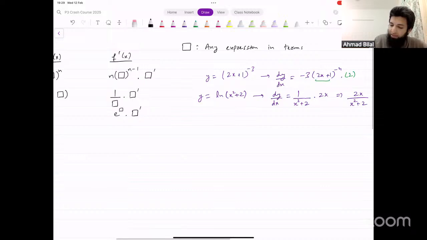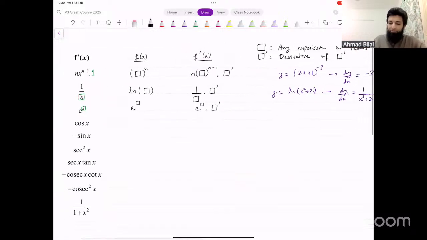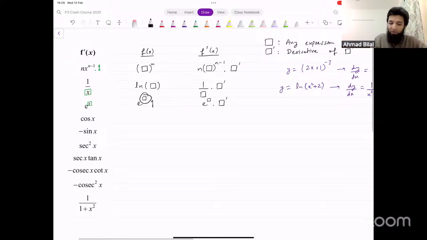So this box can be filled by anything in terms of x. And then what about this box dash? That is the derivative of that. Okay. So in case of this box, you could have any expression in terms of x. That's what we mean by that. And then box derivative. What does that mean? Derivative of whatever that thing is.